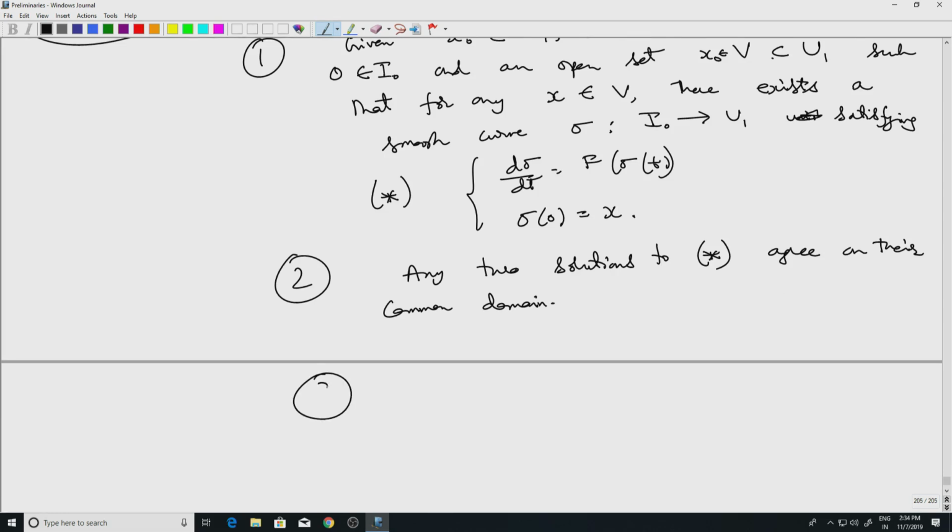And the third thing is that this is called smooth dependence on initial data.